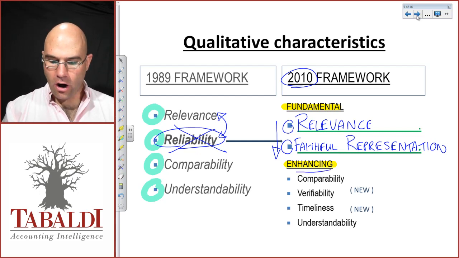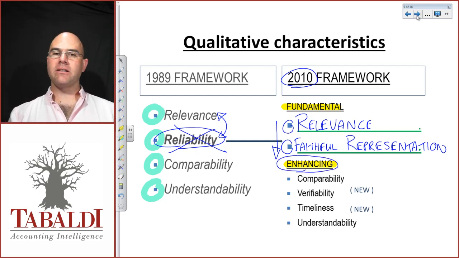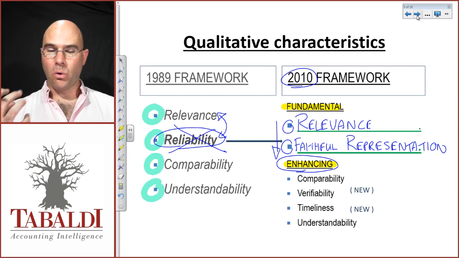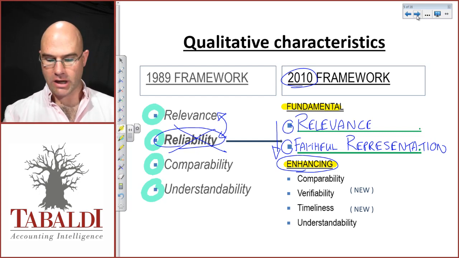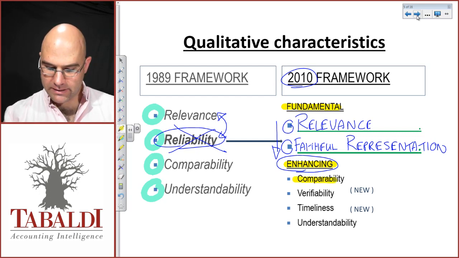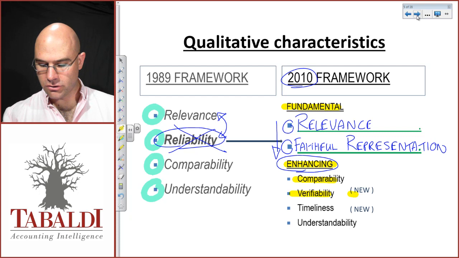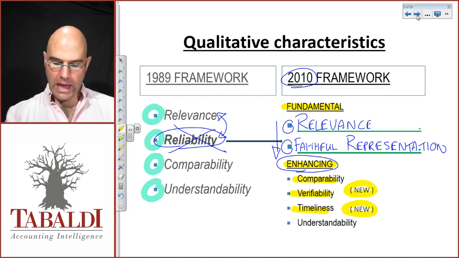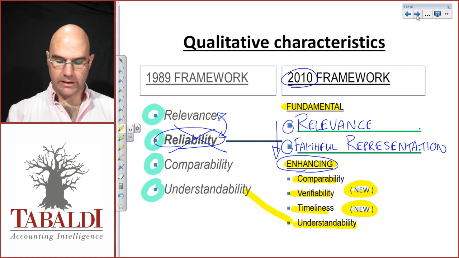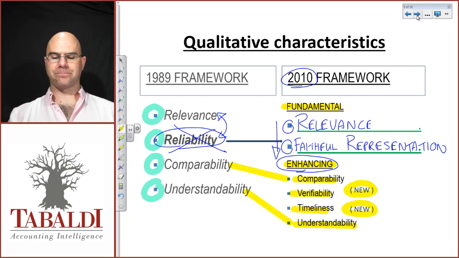Now, in terms of enhancing characteristics, these characteristics don't have to be always present, but they do enhance the usefulness of information. Comparability, well, that's remained. Nothing's changed there. Verifiability is new. Timeliness is new. And understandability, well, that's still the same.